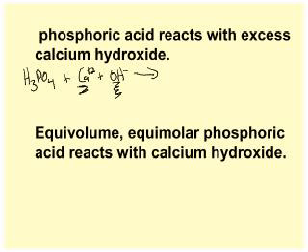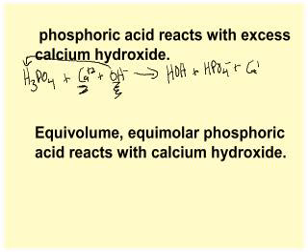But I want to figure out what it would react with. Will hydroxide react with hydrogen? That'll make water. Is water a new product? Yes, because water is not on the left. So looking at this, I would think, okay, I'm going to get HOH plus HPO4 negative plus Ca positive 2.